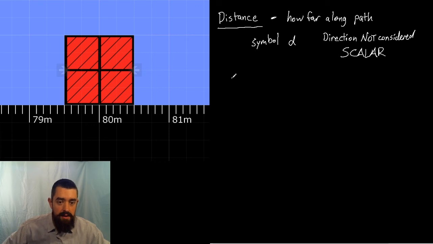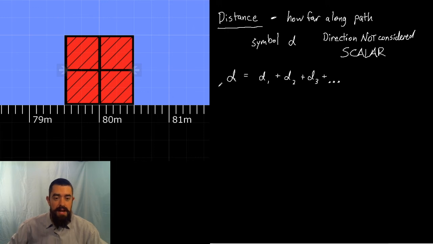So the way we calculate a total distance traveled, D, equals a bunch of smaller distances traveled. So d1 plus d2 plus d3 plus ... Sometimes distance and displacement are the same. Let's do an example.